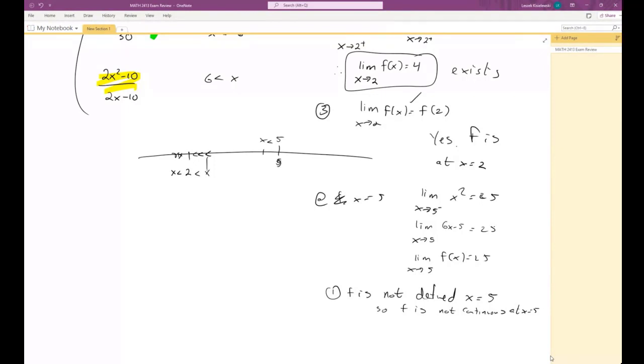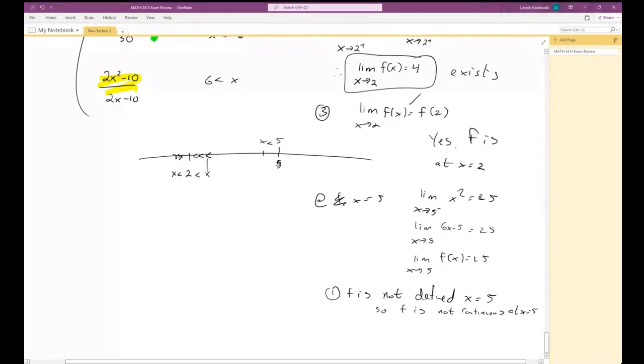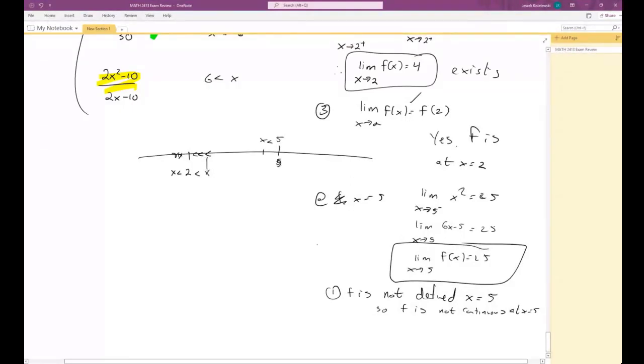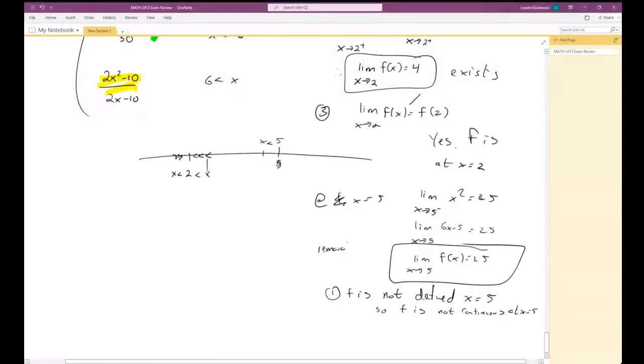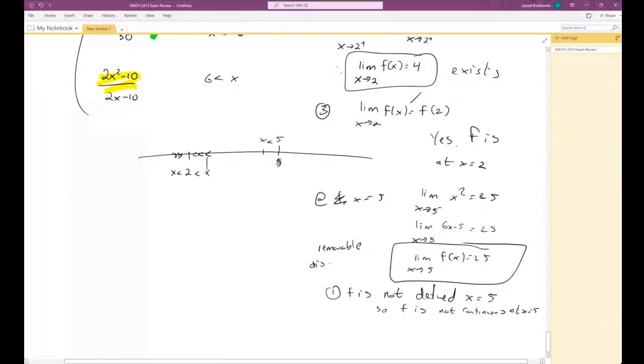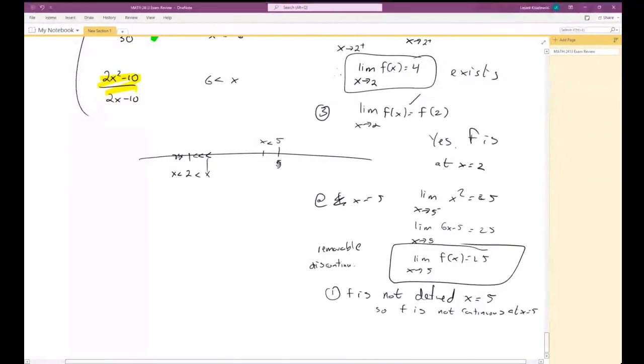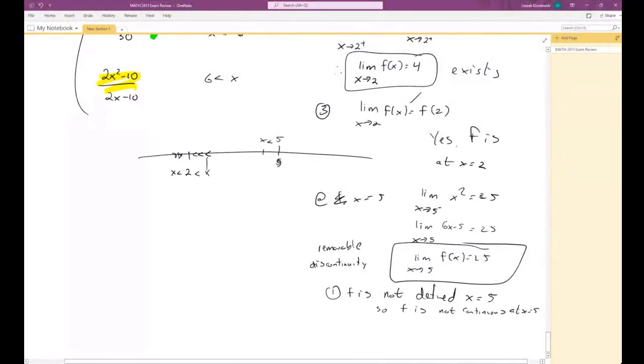So if the limit exists, it's a removable discontinuity. So here, the limit exists, therefore it's a removable discontinuity. It's a discontinuity because the function is not defined there. But since the limit exists, we can simply let the function at 5 equal this limit, and that's how you remove that discontinuity.